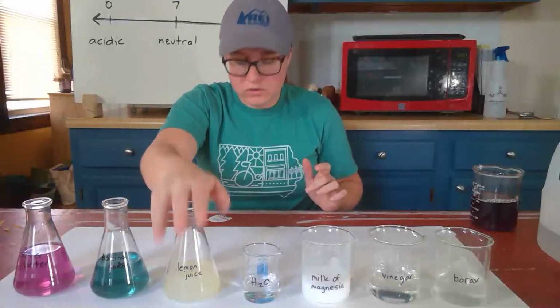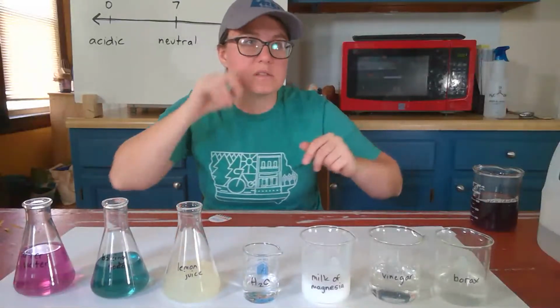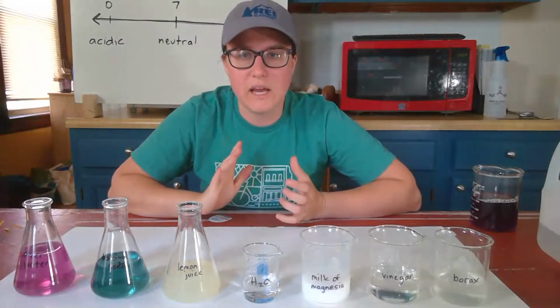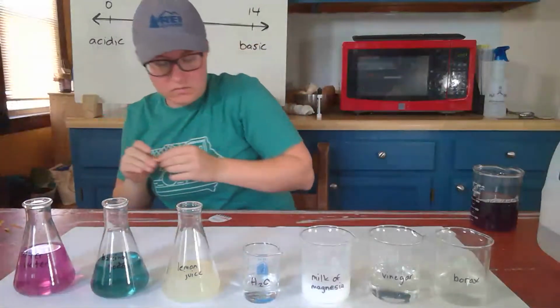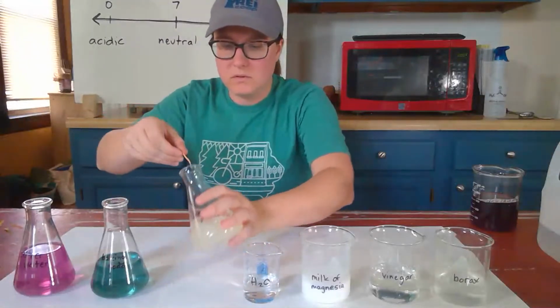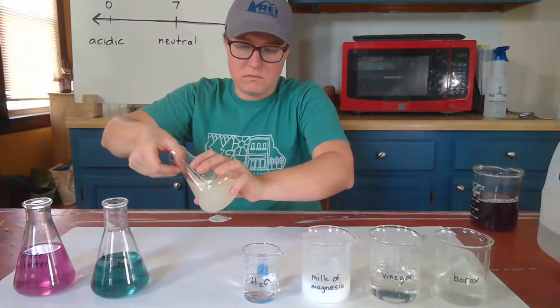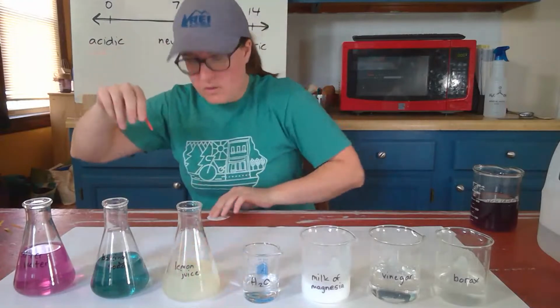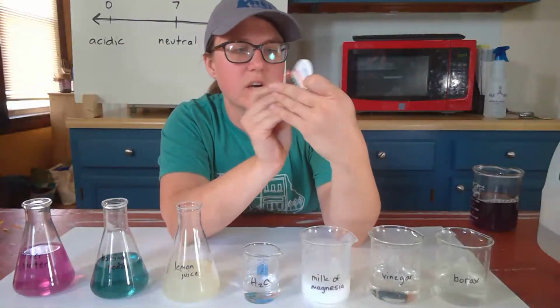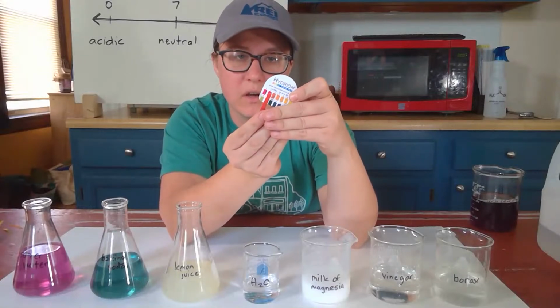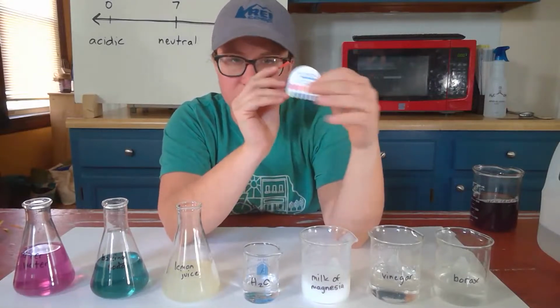Next, I have lemon juice, and lemon juice has something called citric acid in it, and so citric acid is going to definitely be acidic. How acidic, we will have to see. It changes the pH strip to a pinkish color, so I would say we're pretty low on the pH scale there, maybe like a 2 or a 3.